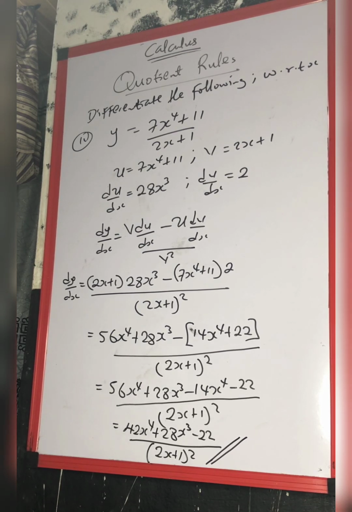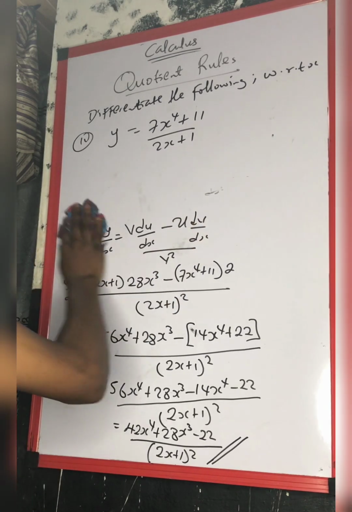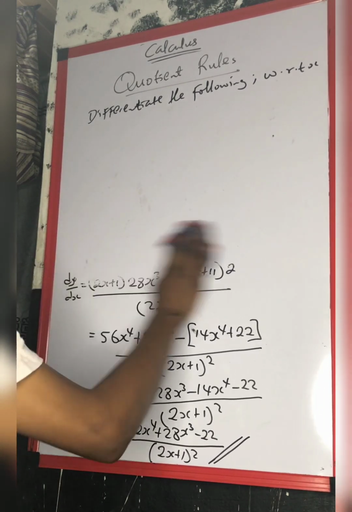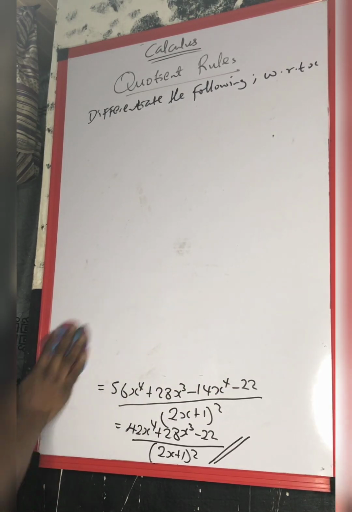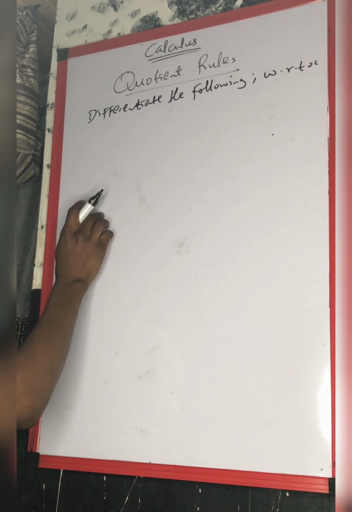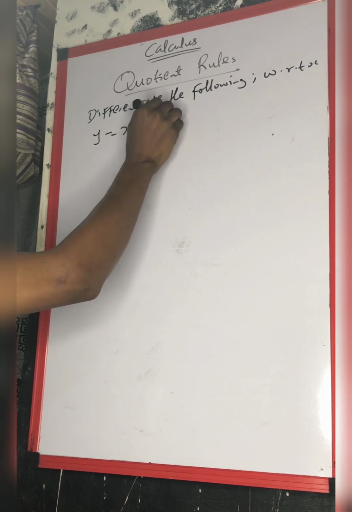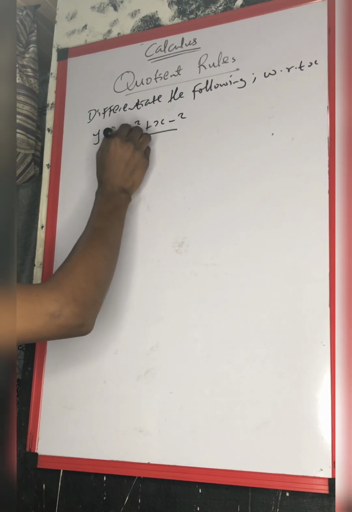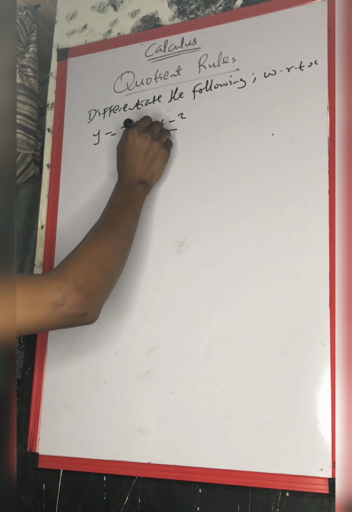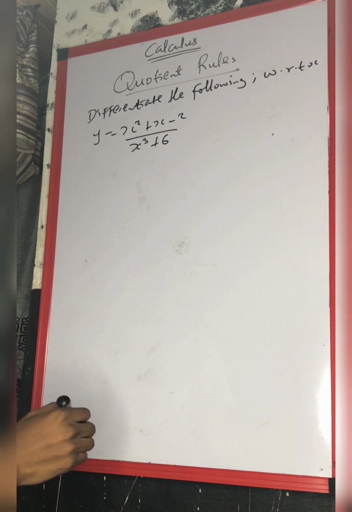So let's move down to the next question. We have y equals (x squared + x - 2) all over (x cubed + 6).